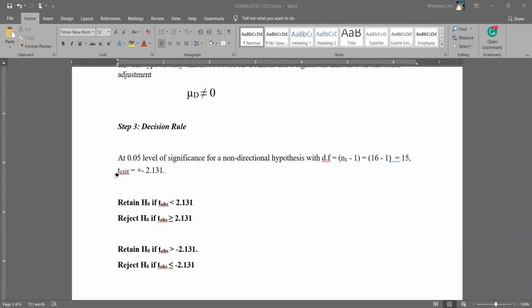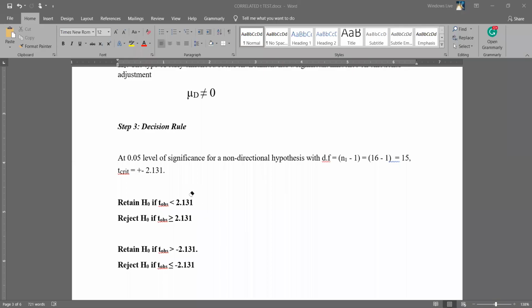You could see sometimes students get confused when it is positive, they use different signs. Instead of saying retain HO if T observed is less than, they will indicate retain HO if T observed is greater than 2.131. That's wrong. So that's what I'm saying.